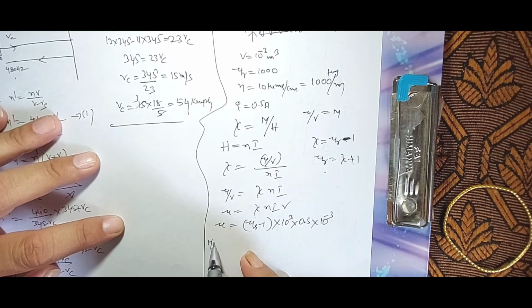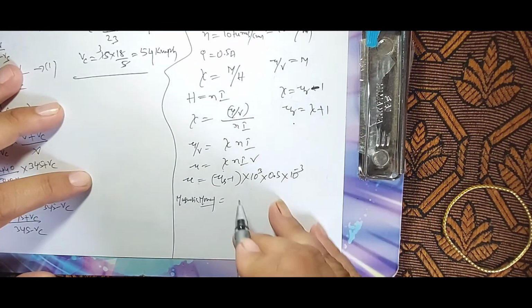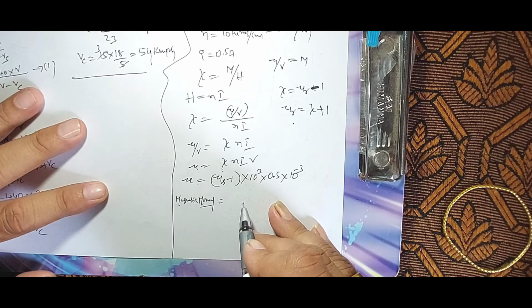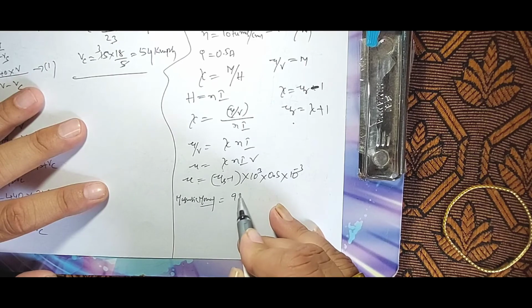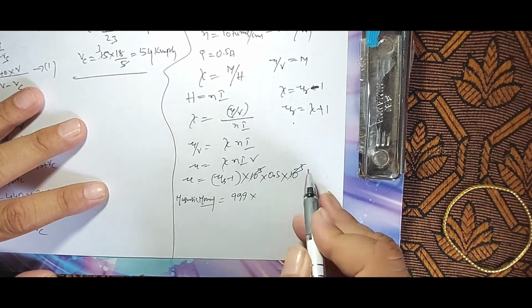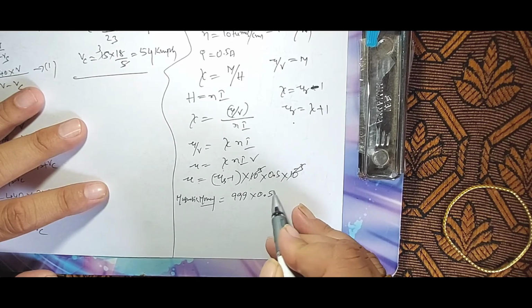So, magnetic moment is equal to mu r minus 1, that is 1000 minus 1, that is equal to 999, into 10 cube into 0.5 into 10 to the power of minus 3.